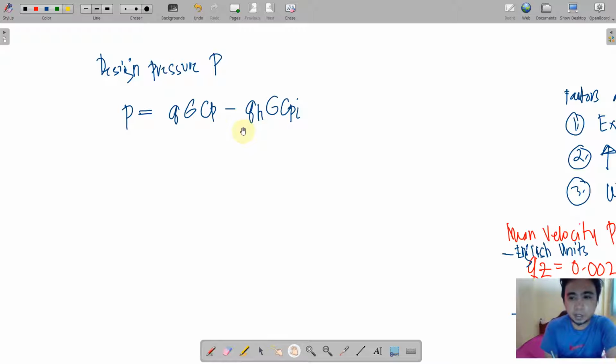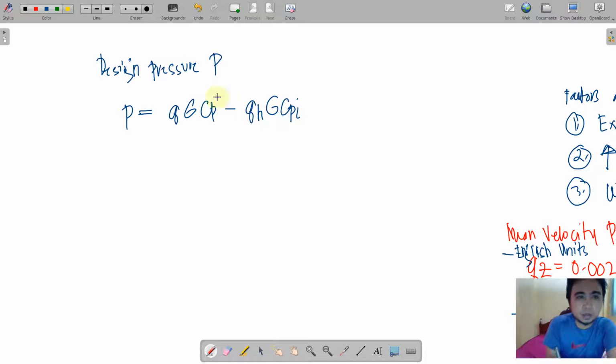Kapag hindi surface yan, very minimal lang yung effect ng wind. So, this time, the design pressure is coming from the value of the QZ here that is computed. Bakit nagtago dito yung Q? Asan yung QZ dito, class? Yung Q at yung QH. Ano bang ibig sabihin yan?